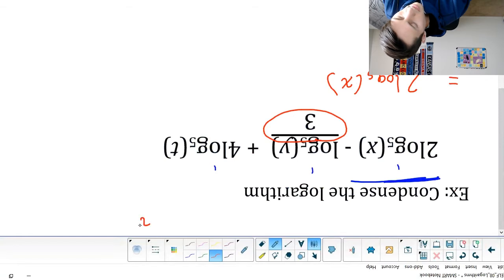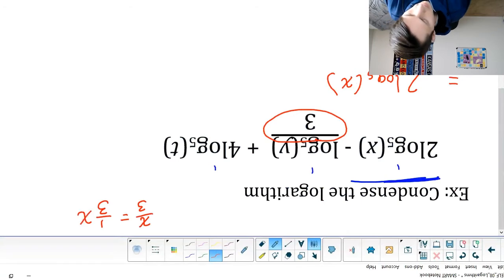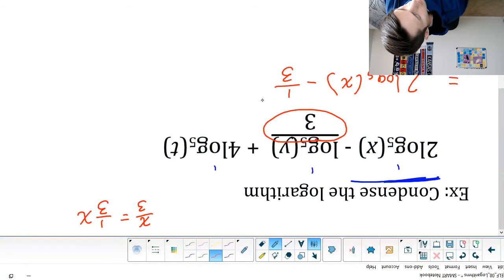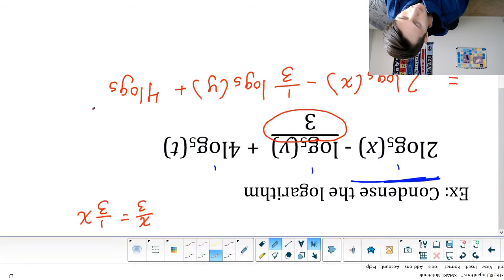Right, remember, if I have x over 3, I can think of that as the same thing as 1/3 x. So I'm going to do that same thing. So 1/3 log base 5 of y plus 4 log base 5 of t.